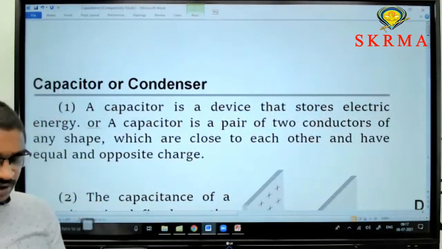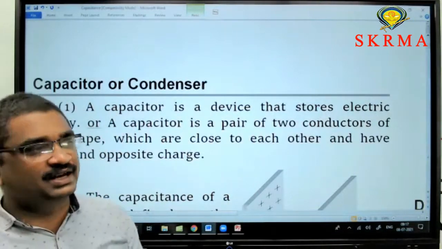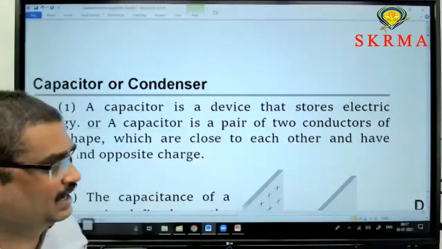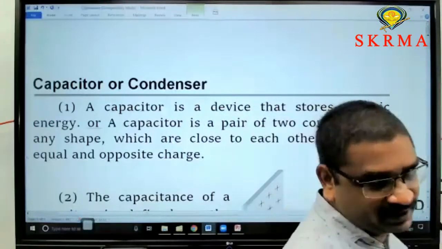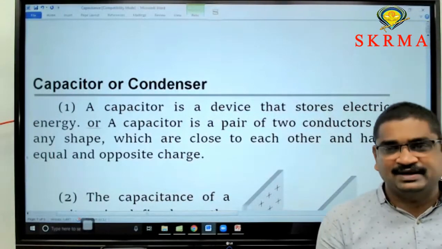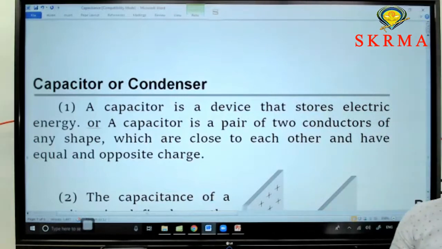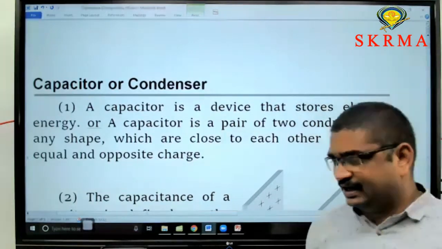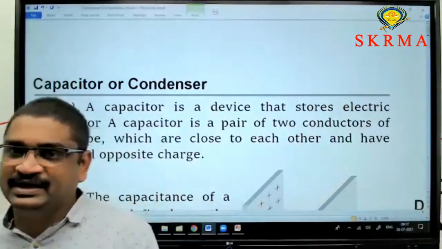Now, what is the basic construction of a capacitor? A capacitor is a pair of two conductors of any shape. It consists of two different conductors, or plates, separated by some finite distance.